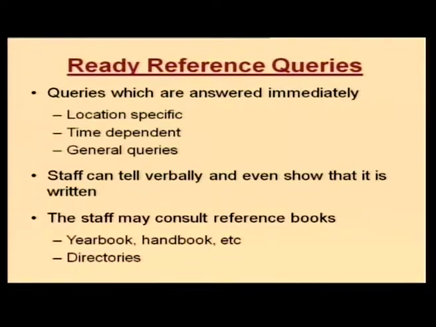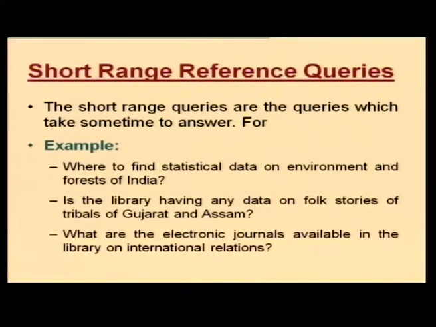The staff may consult any reference books, yearbooks, handbooks, directories, or any other reference sources to solve these ready reference queries. For short range reference queries, say people are asking for statistical data on environment and forests in India, you can tell them to go to the Forest Survey of India.